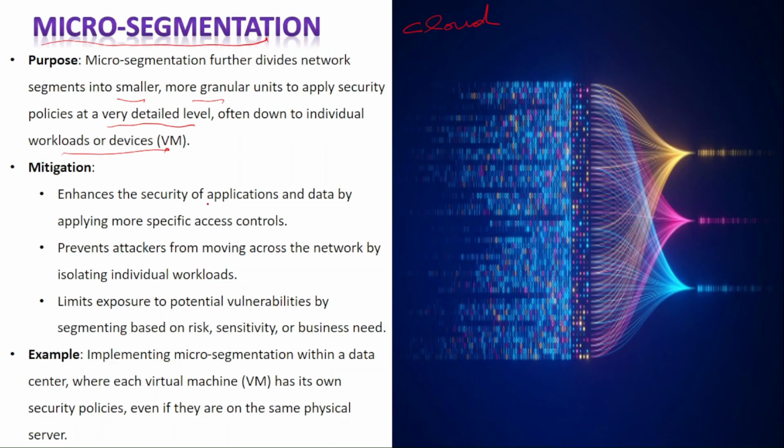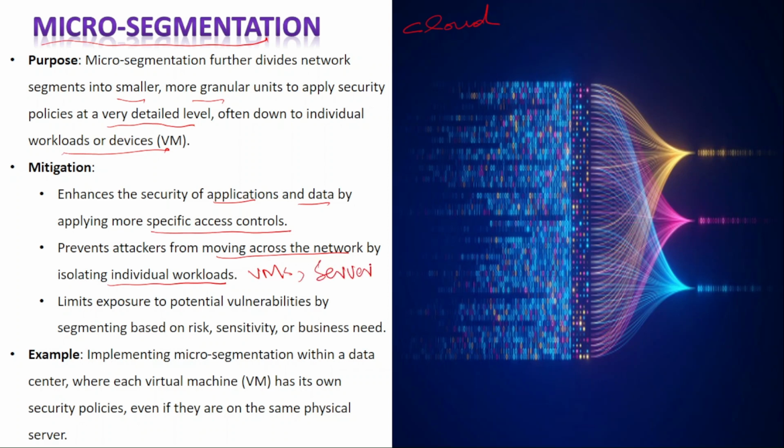Mitigation: it enhances the security of applications and data by applying more specific access controls, and prevents attackers from moving across the network by isolating individual workloads. As I described, by individual workloads, you may say individual VMs or individual servers.